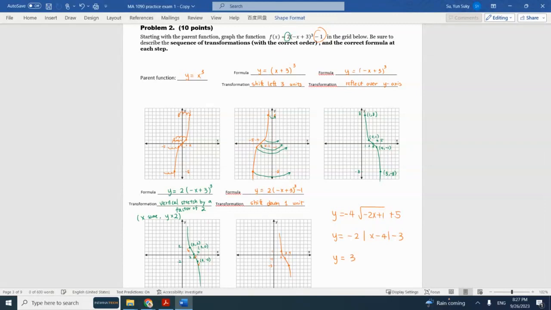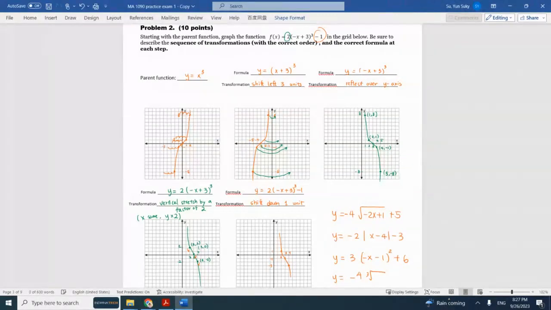Okay, and maybe how about 3 times x minus 1 squared plus 6, something like that. Or you can do minus 4 and which one will I even make? Oh, cube root.